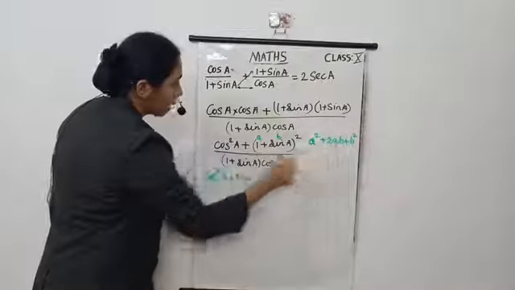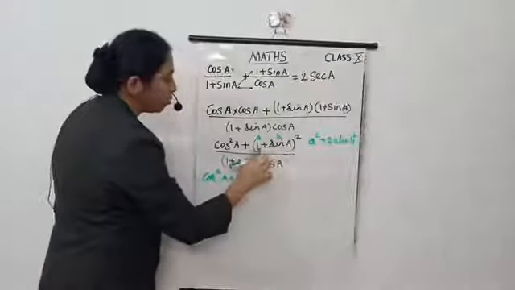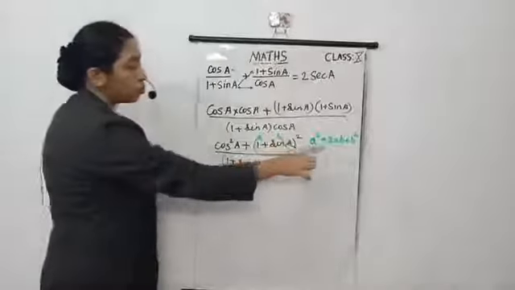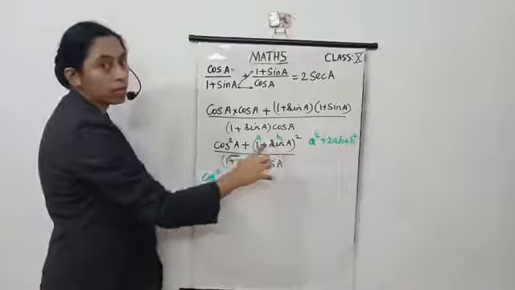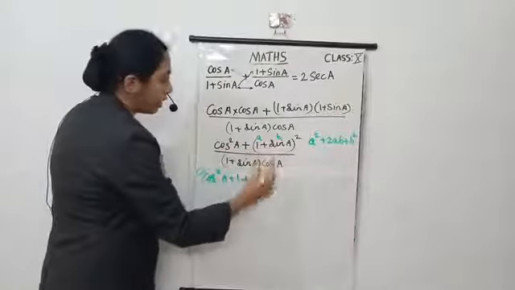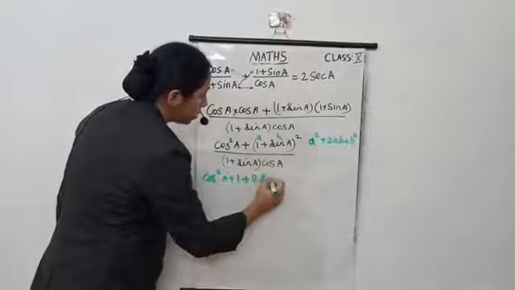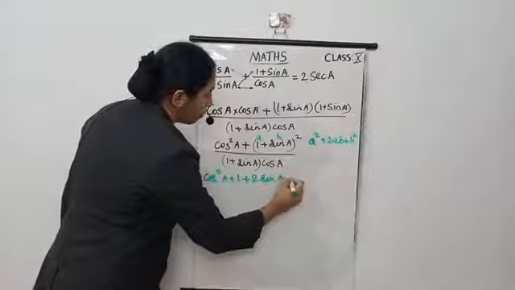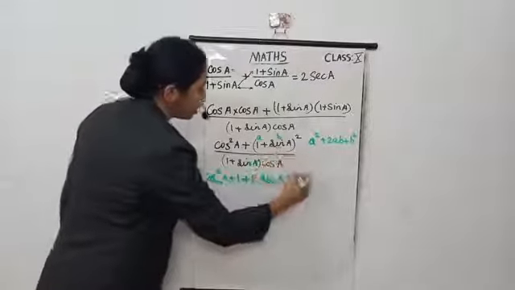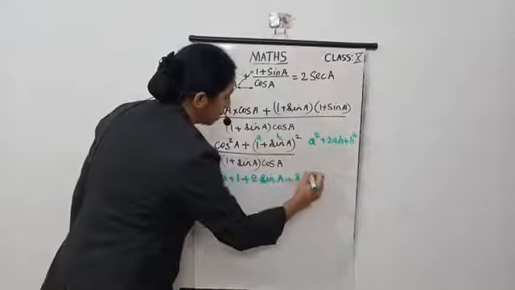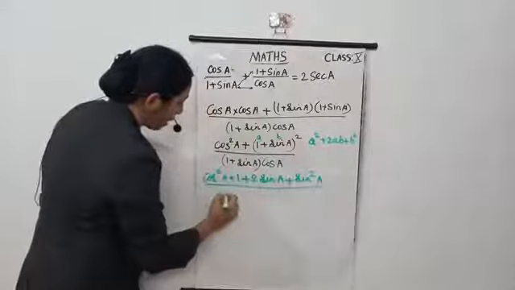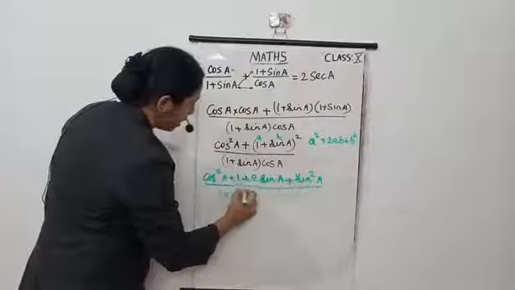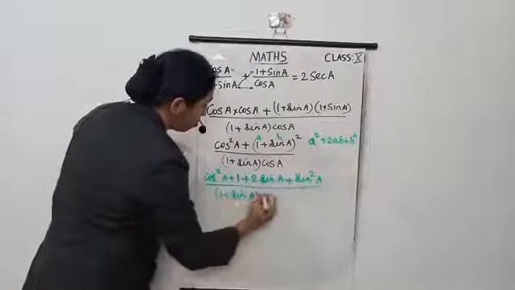Plus 2ab means 2 into 1 into sin A. 2 into 1 is 2 itself and 2 into sin A is 2 sin A, plus b square is sin square A. So sin square A by (1 plus sin A) into cos A.